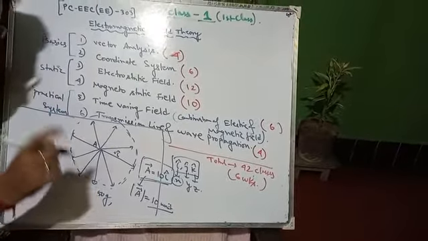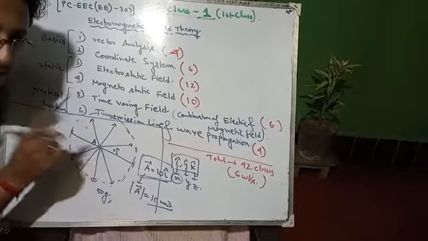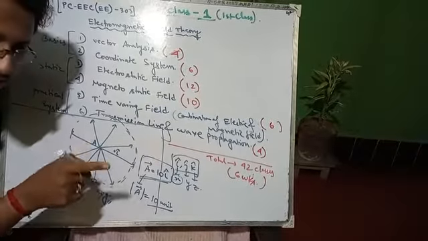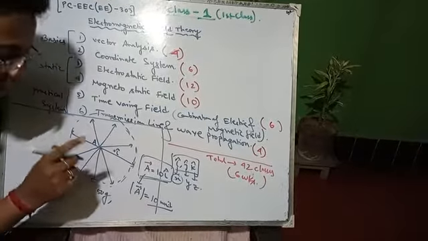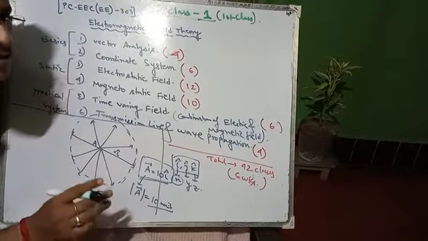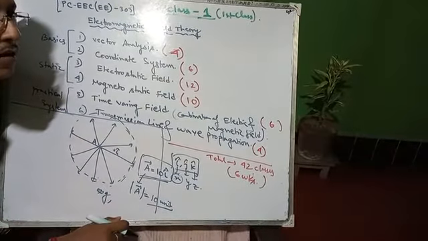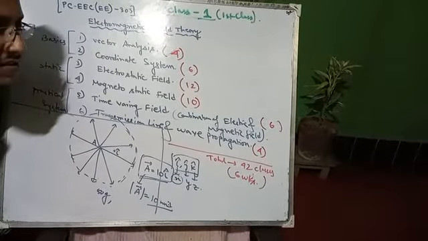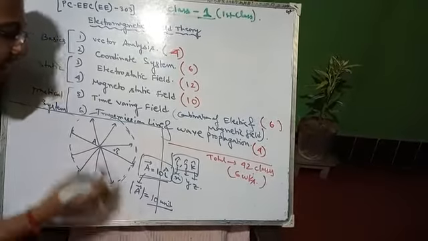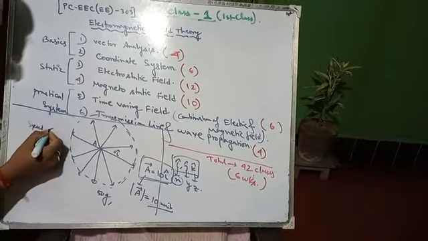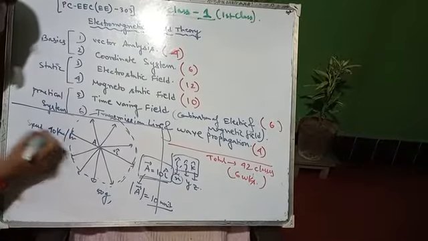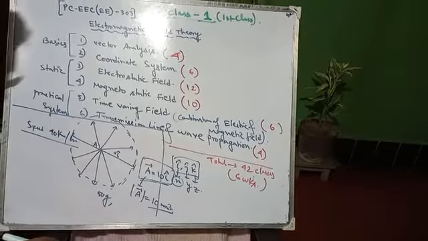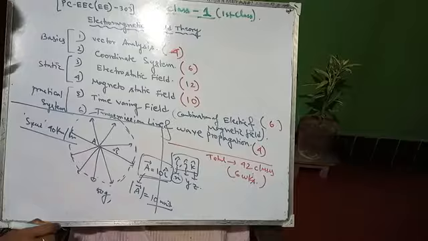Speed. Mind it that velocity and speed are dimensionally the same, but one has direction and the other does not. We frequently say that the speed of the train is 40 km per hour. Why is it called speed and not velocity?